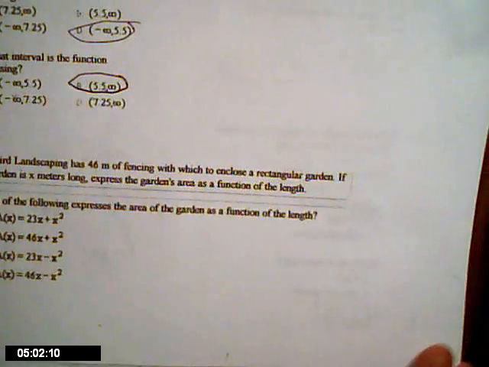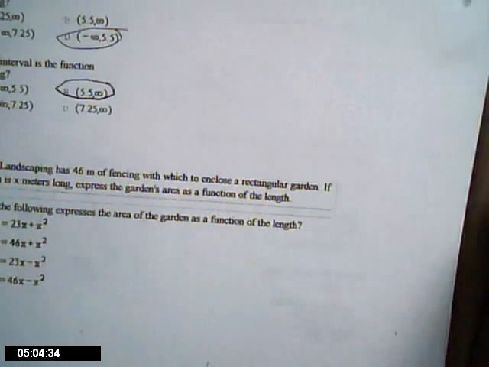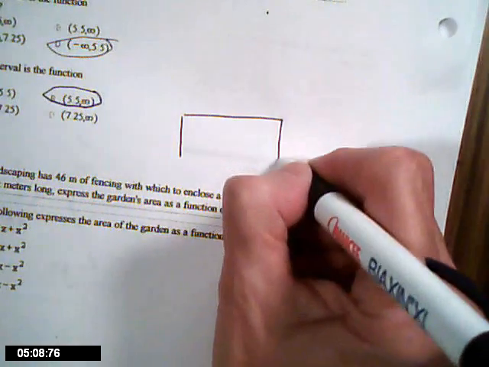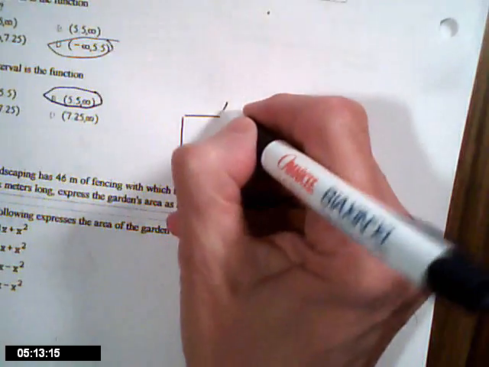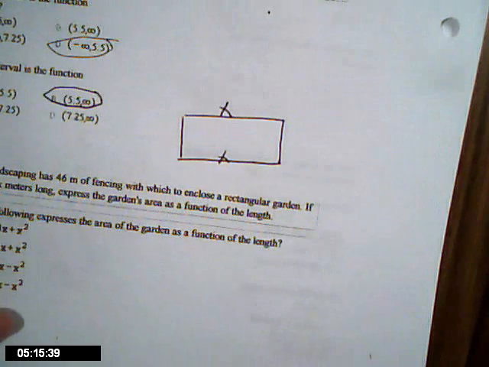We have an application problem. Yardbird Landscaping has 46 meters of fencing with which to enclose a rectangular garden. Here's where a picture is so valuable. Here's my rectangle. If the garden is x meters long, express the area as a function of length.